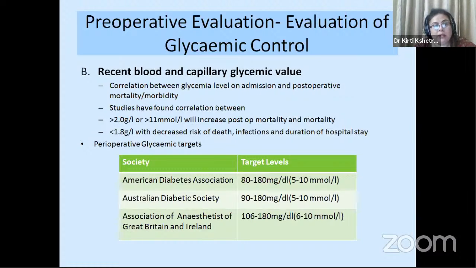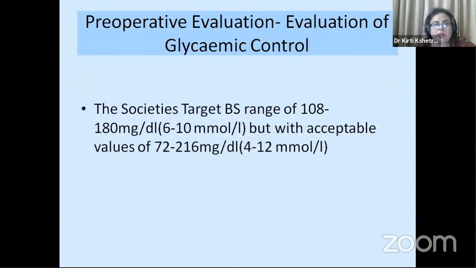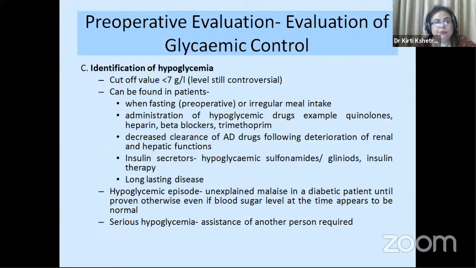Now, perioperative glycemic targets are a matter of debate, and various societies have given various target levels, but generally what is followed is a broader concept of between 108 to 180 if we are going to strictly follow it, or maybe in an emergency state from 72 to 216 milligram, the broader value.